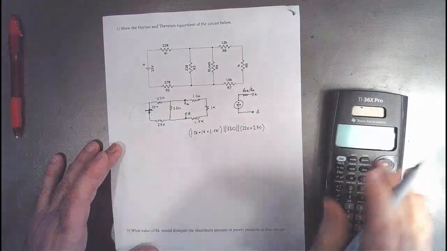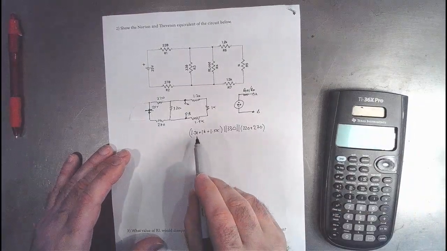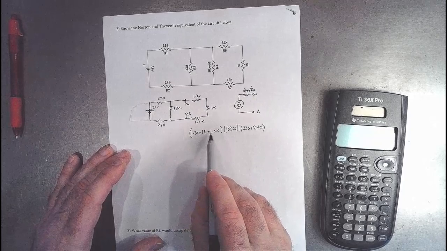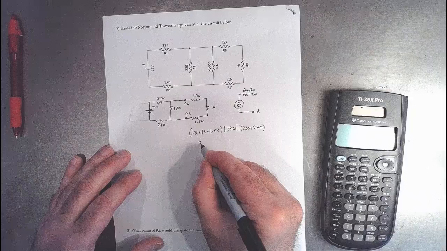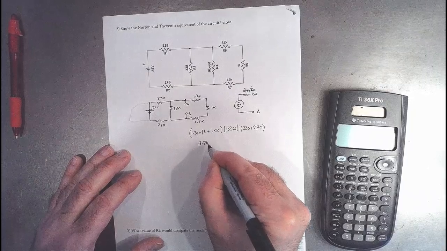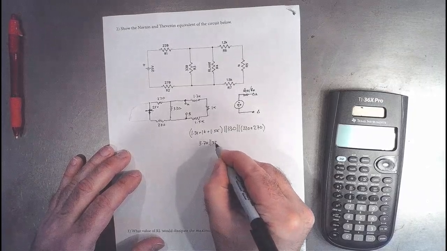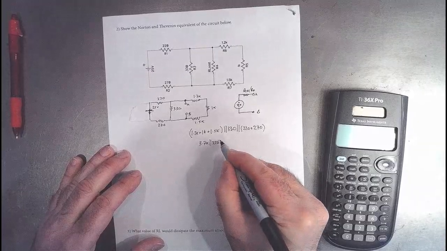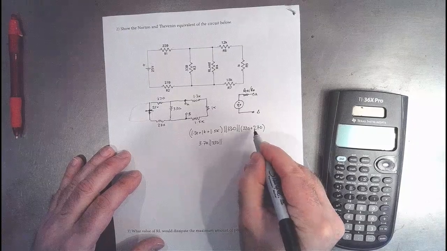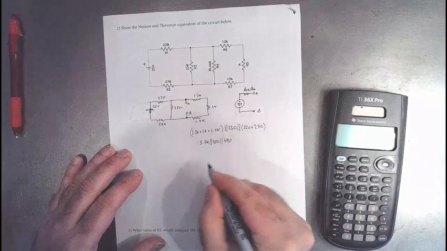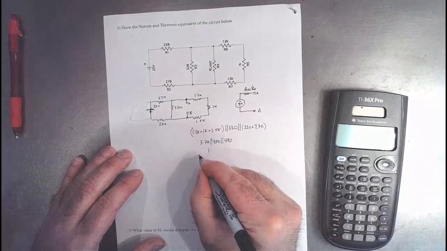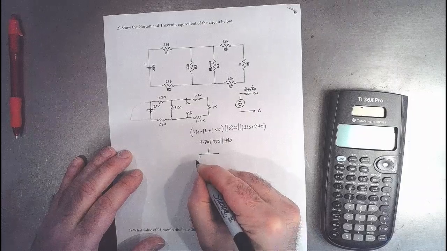So let me reduce all this. This is very ugly. So it looks like we've got 3K plus 0.7K. So we've got 3.7K in parallel with 330 ohms in parallel with 490. All right, so we've got to use this equation.